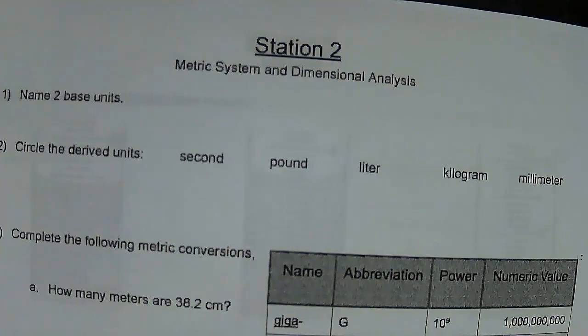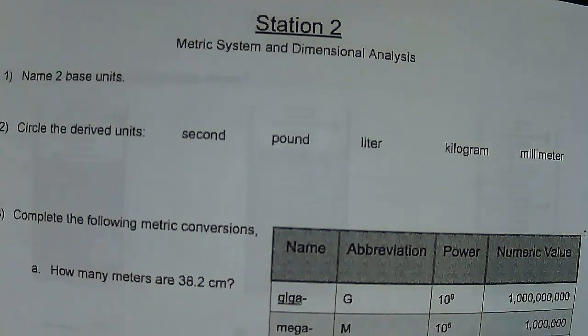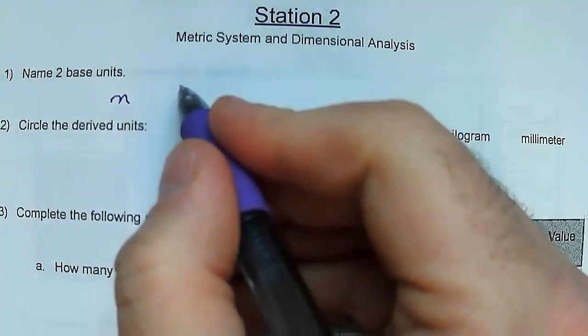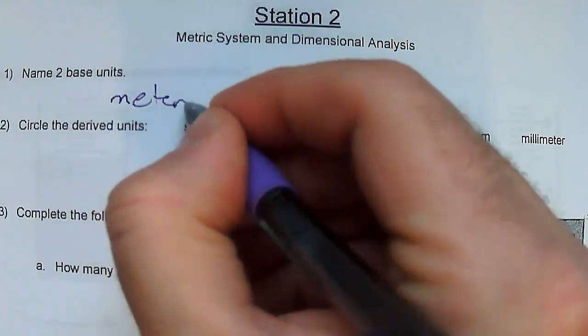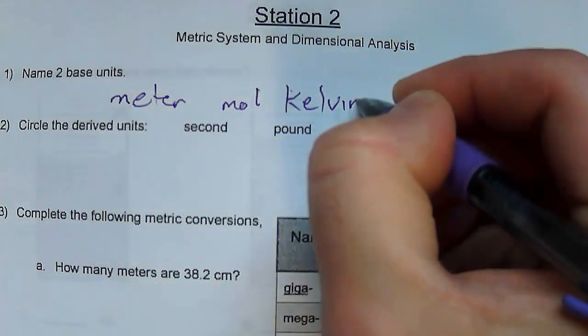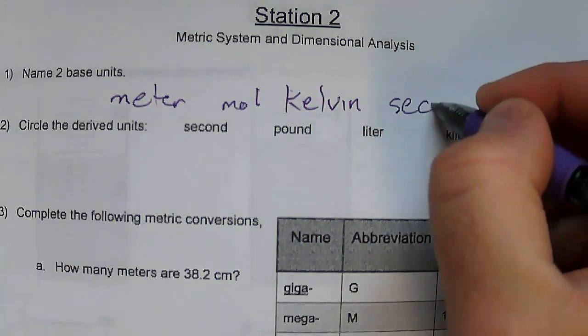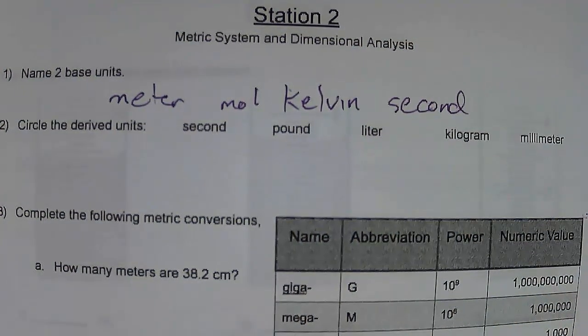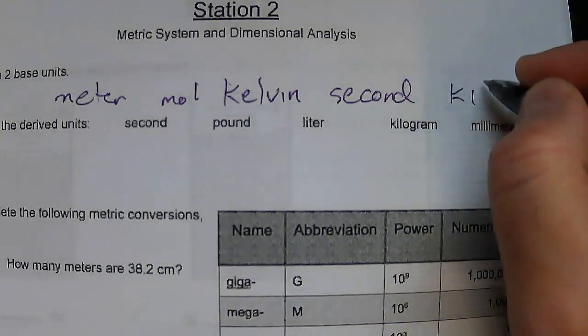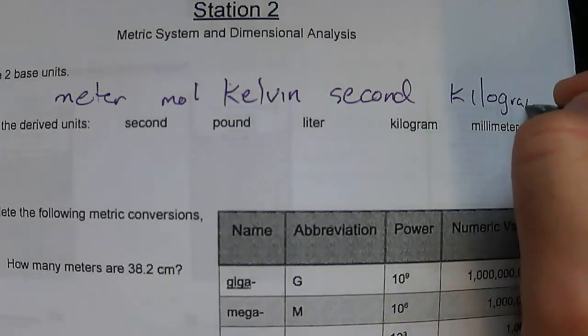Station 2 says name 2 base units. Well, the 5 that are on the sheet that you have: meter, mole, Kelvin, second, and the last one is kilogram.